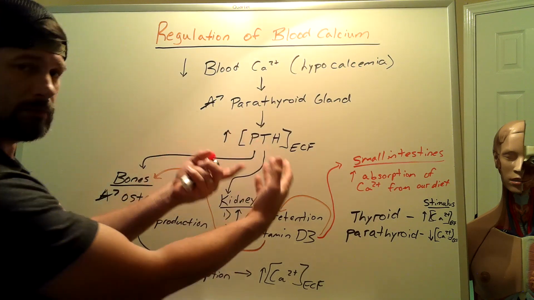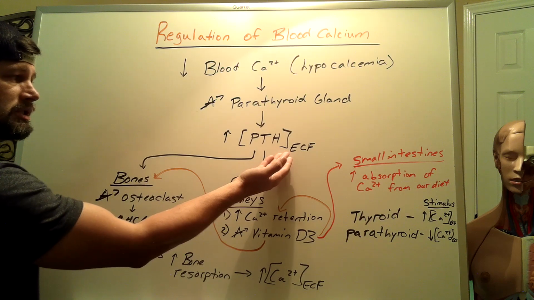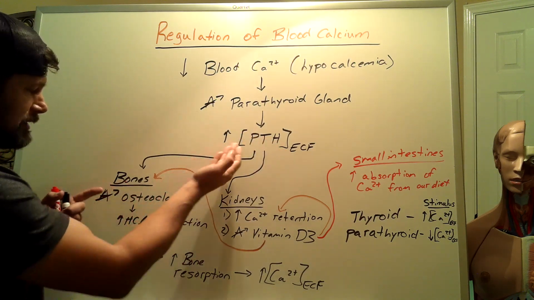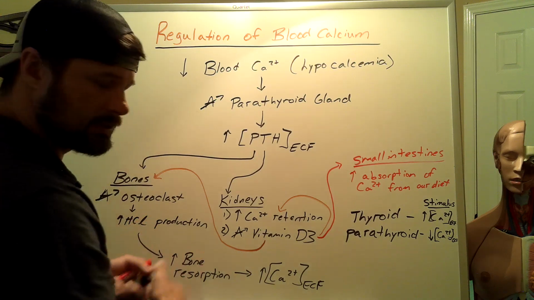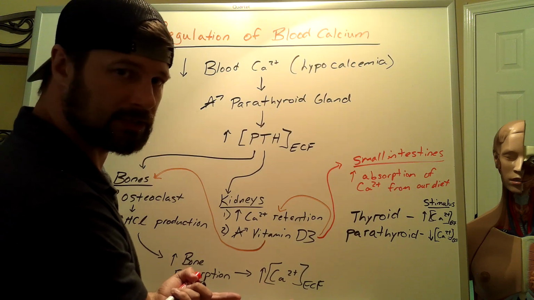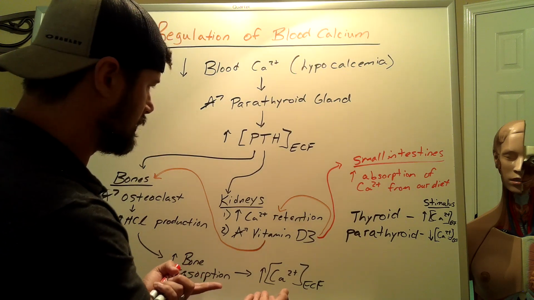Into the bloodstream, blood goes everywhere. Locations the PTH is going to go, bones and kidneys. In the bones, the PTH is going to activate our osteoclasts. That's going to start to cause bone resorption to increase the amount of calcium that is in our bloodstream.